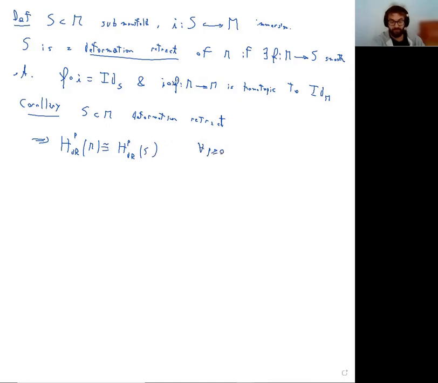And this isomorphism is given exactly by i star in one direction and F star in the other direction. Okay. So now with this in mind, we have some tools to compute cohomologies.